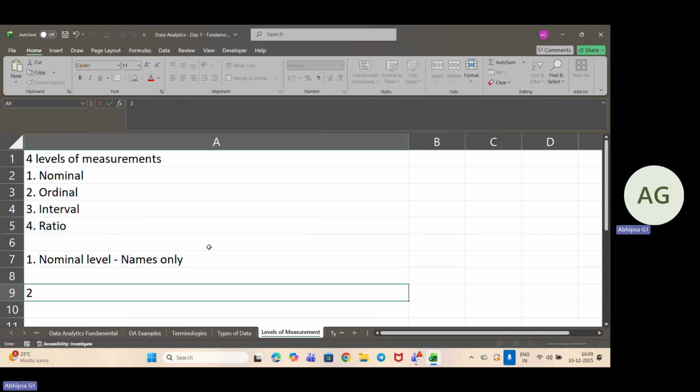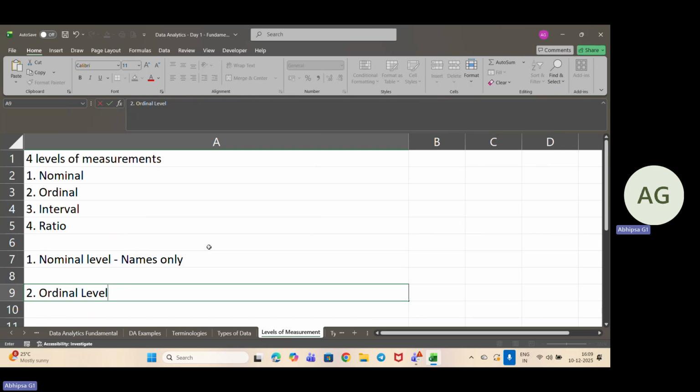Next is the ordinal level. The ordinal level is still categorical, word based data, but there is a specific order or ranking involved. The difference between the ranks is not measured actually.